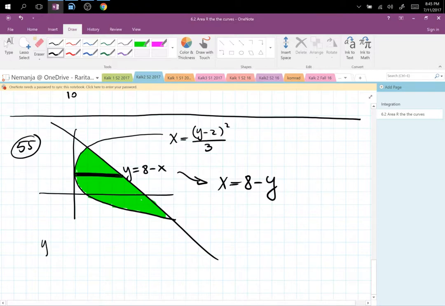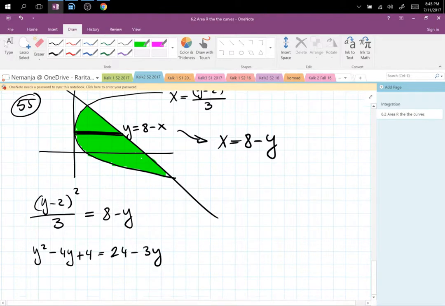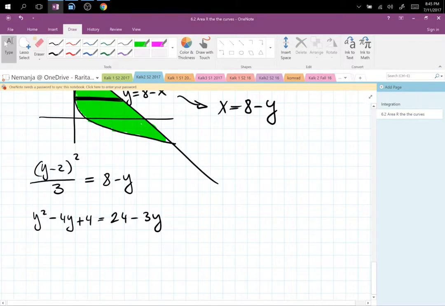We have y minus 2 squared divided by 3 is equal to 8 minus y. That is y squared minus 4y plus 4 equals 24 minus 3y. And when we put all of this on the pile, we get y squared minus y minus 20 equals 0.